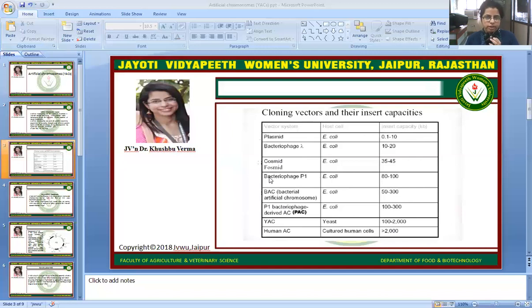But the highest capacity is for the human artificial chromosome vector, which is more than 2000 kilobase pair.